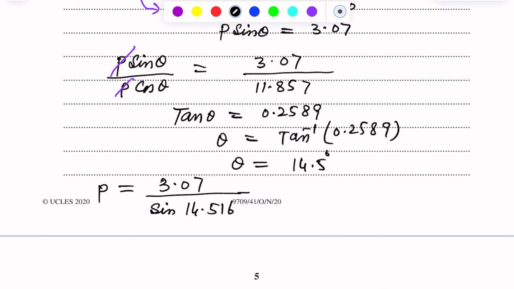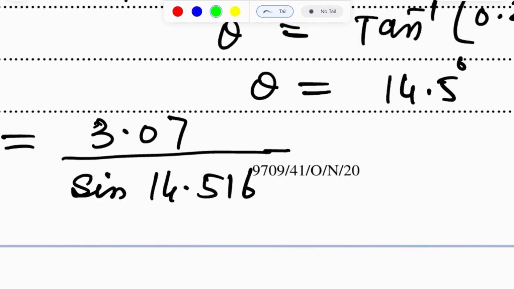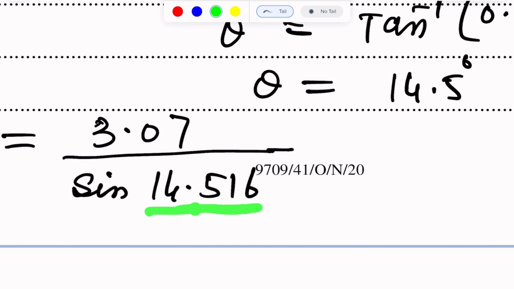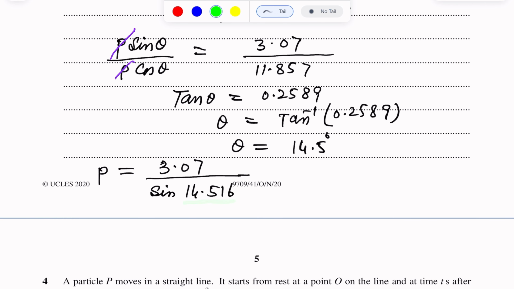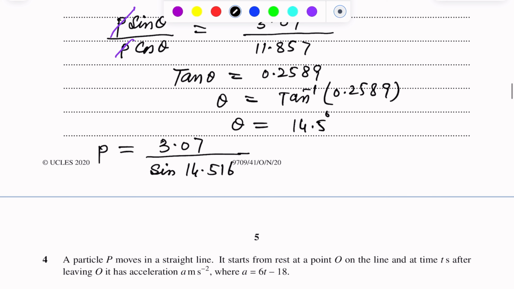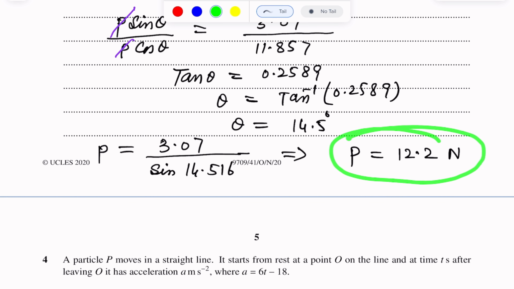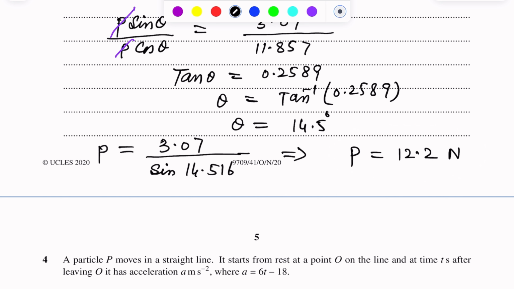Here we will not use the rounded figure. Sine 14.516. So finally after calculation, we get P is equal to 12.2 Newton correct to three significant figures. This is the answer.